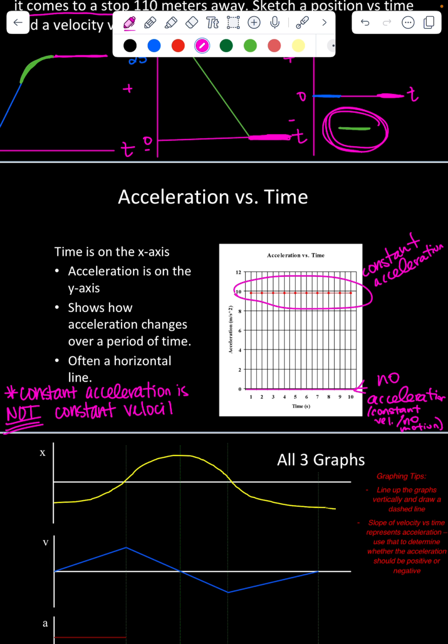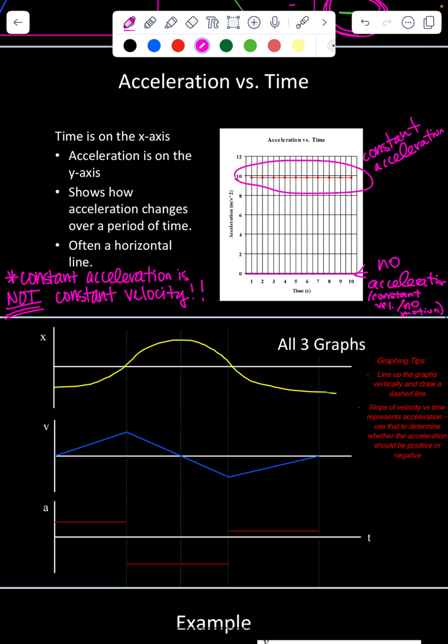A lot of you continue to get that misconstrued. Constant acceleration just means that our velocity is changing at a constant rate. It's not constant velocity.